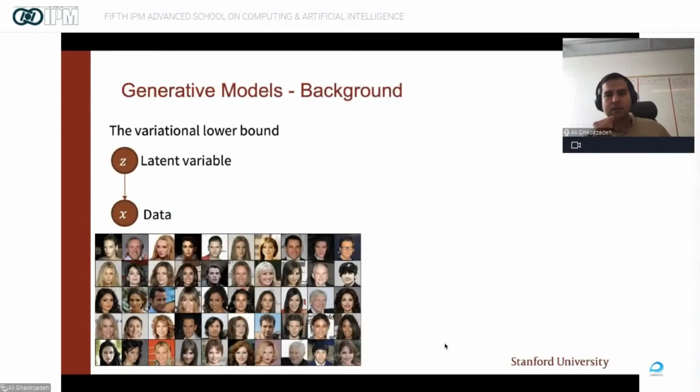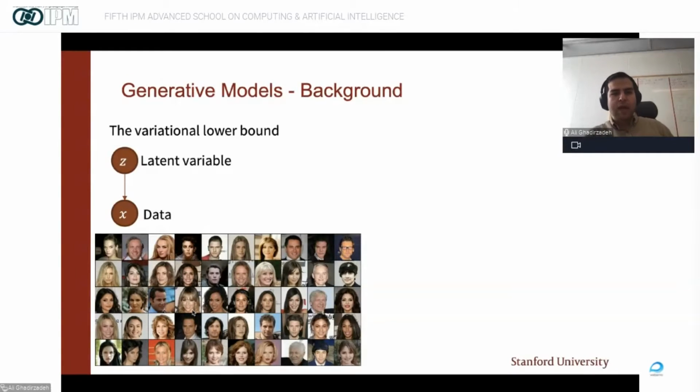Before going into details, I need to provide some very rough background about generative models. What do generative models do for us? Let's say this is our data set and we want to generate photorealistic images of humans. One way to do that is to learn a latent variable of the data. A latent variable is typically used to capture some attributes of the data.